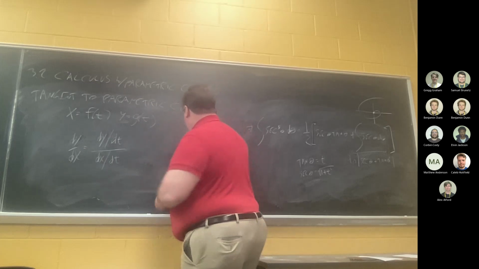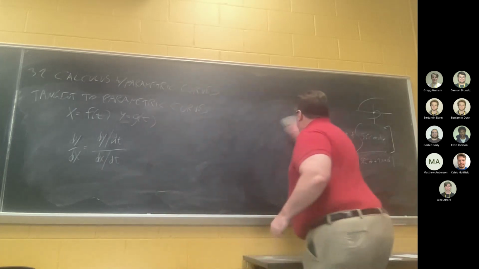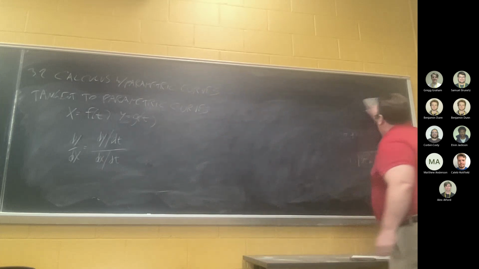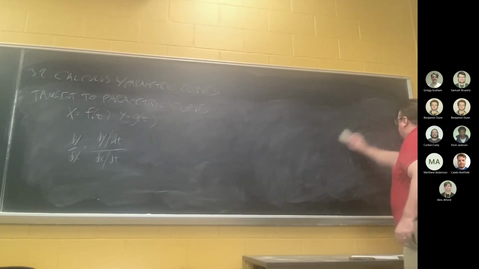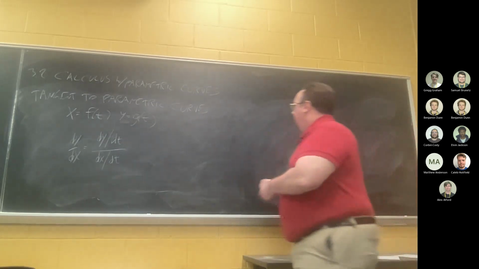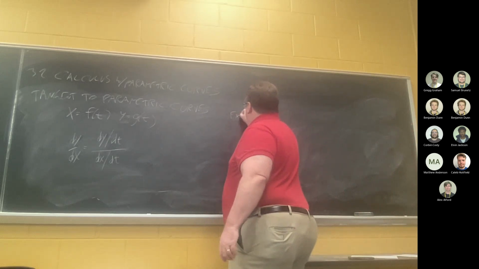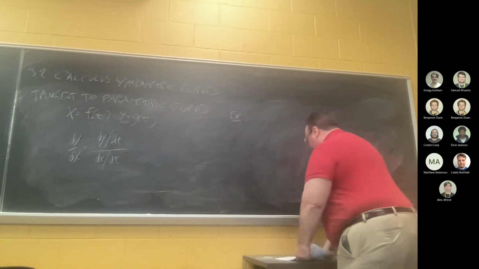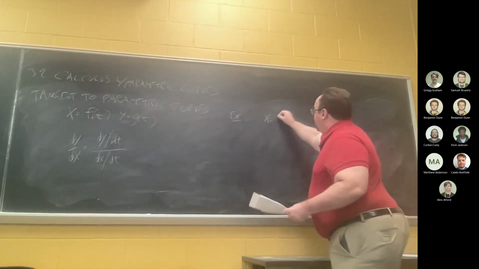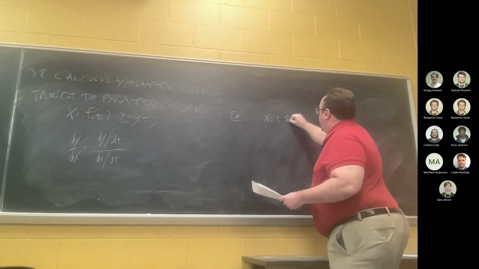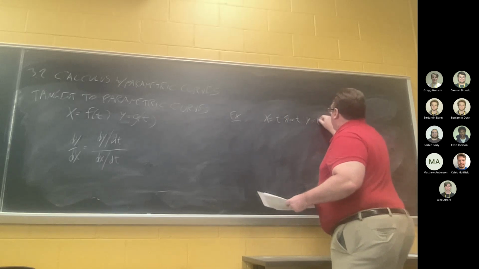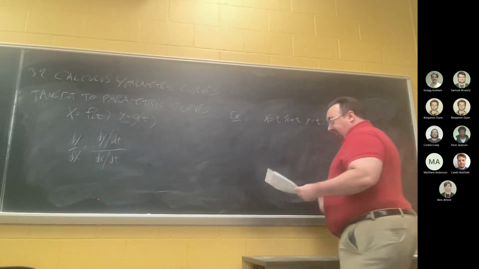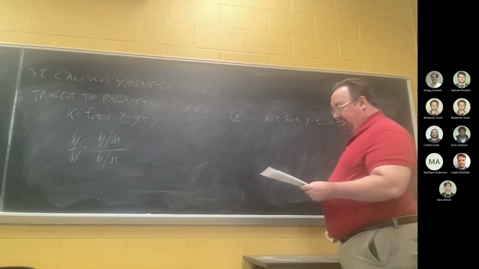As an example, let's suppose the curve is one from a previous example. x is equal to t sine t, y is equal to t cosine t, and the derivatives of those were worked out earlier.